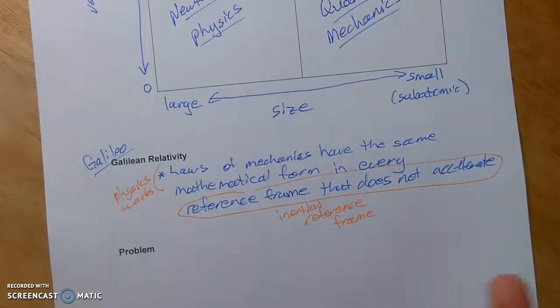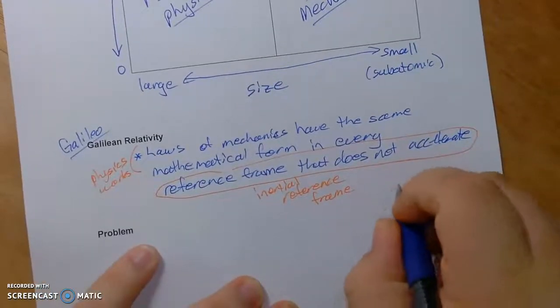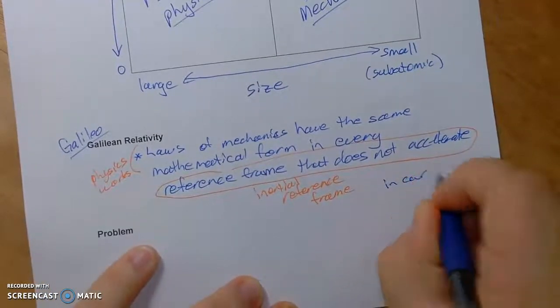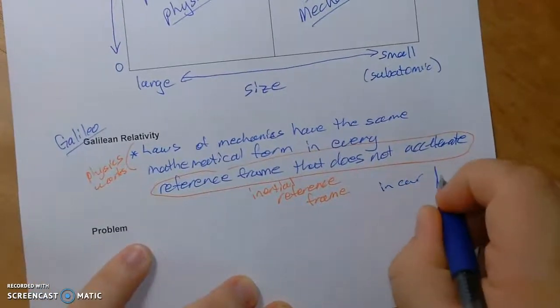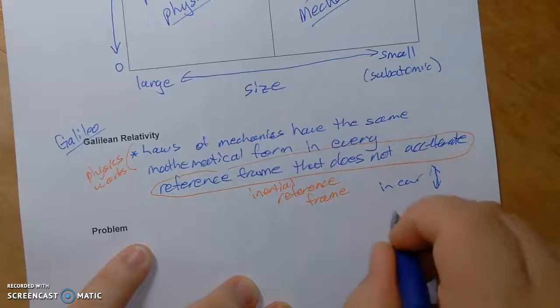If we're looking at somebody throwing a ball up in the air in a car, if we're outside of that, we would expect the ball to go up and then down in the same spot without moving. Well, we have to take into effect the relative speed of that car. So in the car, the ball goes up, down, in place.